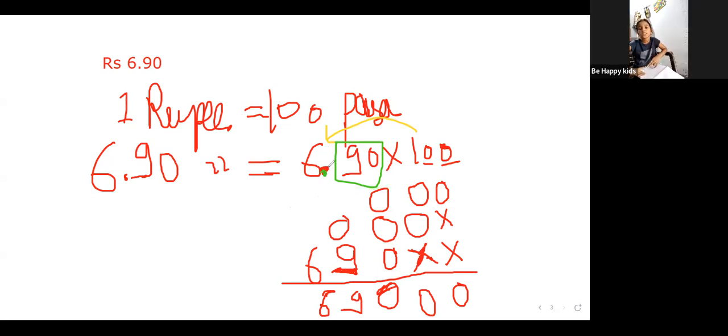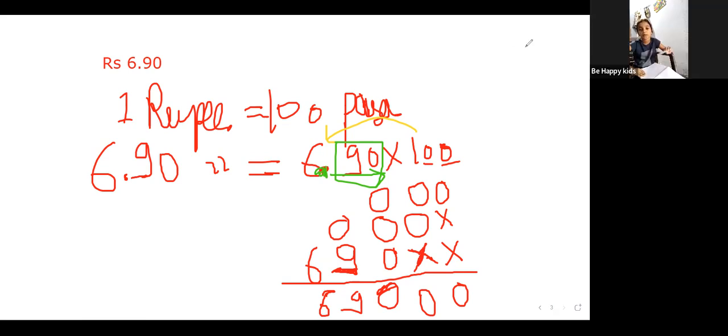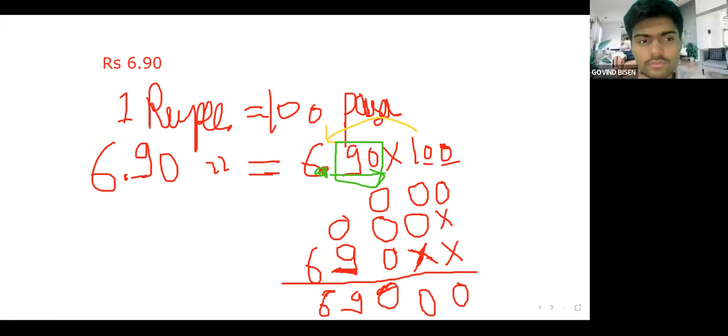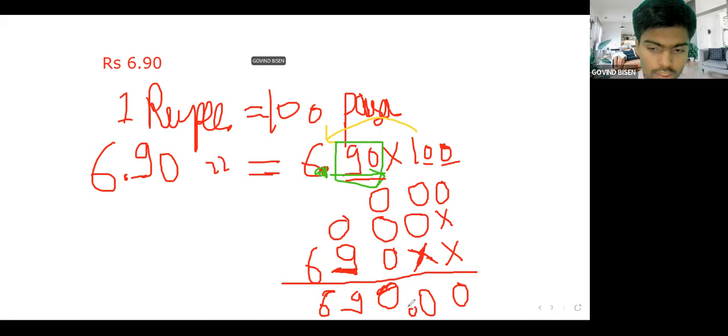See, there is 1 digit here, 9, and the 0 is another digit. So 2 digits are there, right? Yes, sir. So again, we will put the decimal after 2 digits in the answer. This is the decimal we have put here. Can you see the decimal in red color?